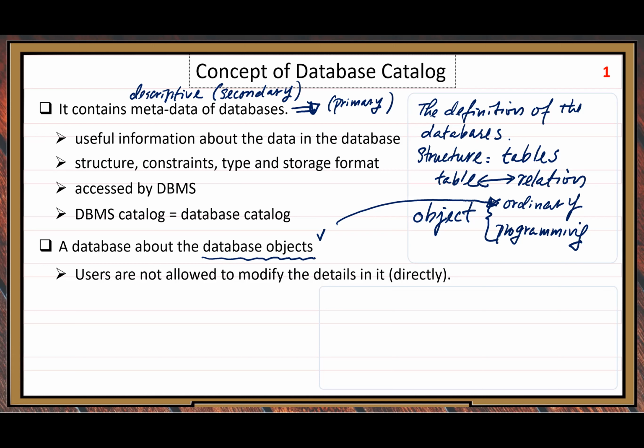So users are not allowed to modify the details directly in database object. Yeah. So you have to use the DBMS to modify the data stored inside your database object, that collection of data. Okay, yeah.